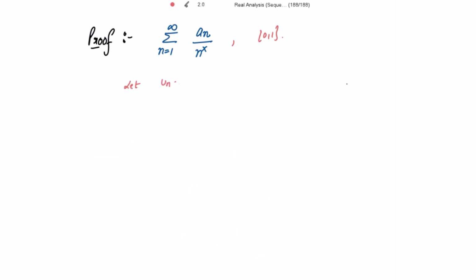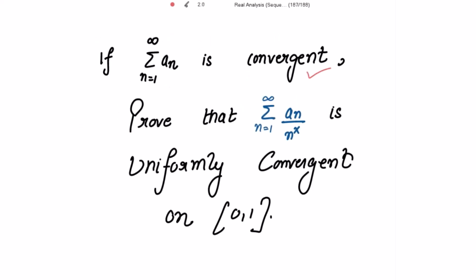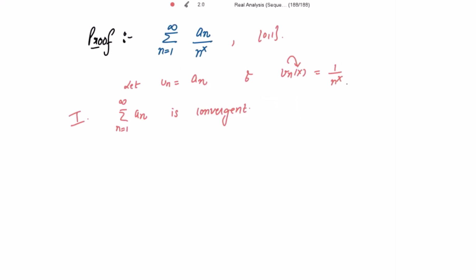Let un be equal to an, which is independent of x, and Vnx is equal to 1 divided by n to the power x. Vn depends upon x. For the first condition, what is given to us is that the summation n going from 1 to infinity an is convergent. To make use of this, because an is independent of x, this series is also uniformly convergent.